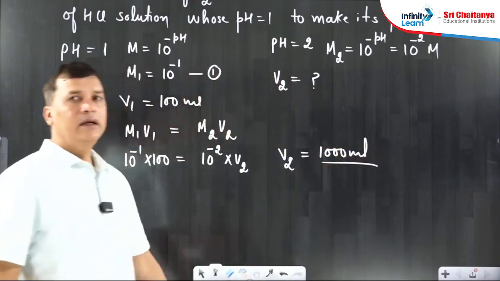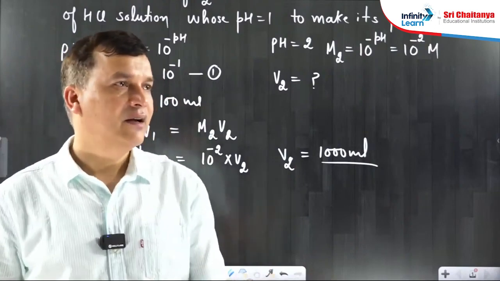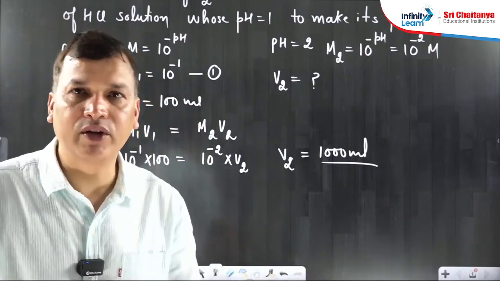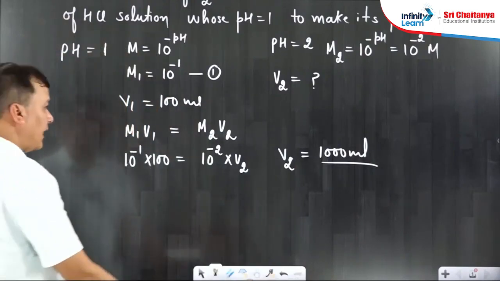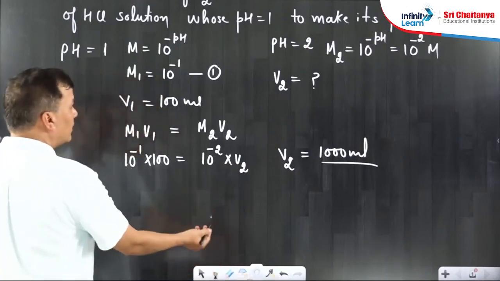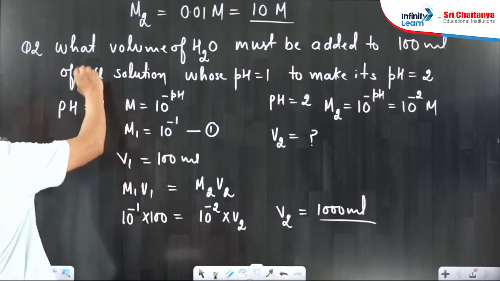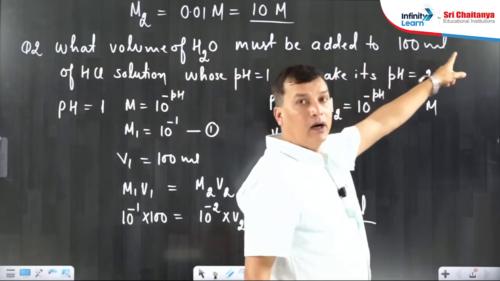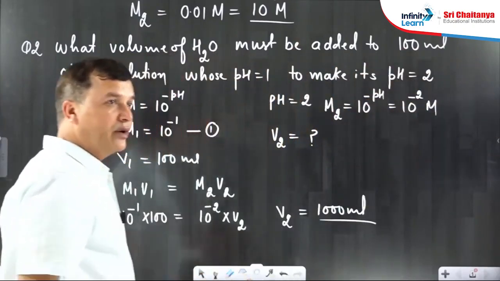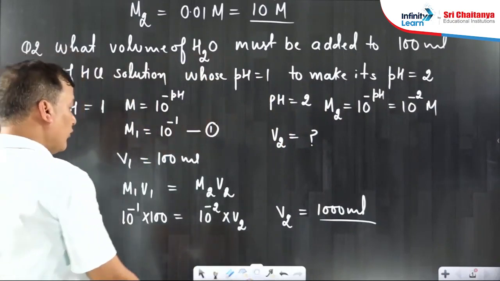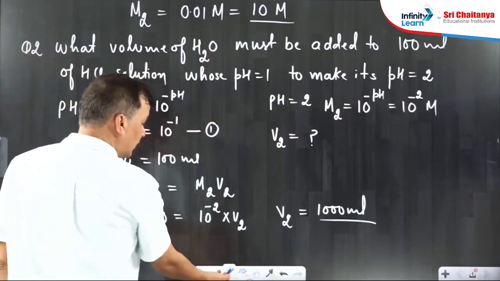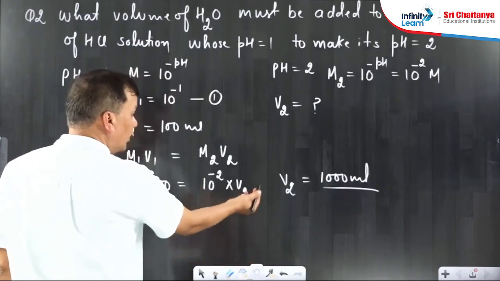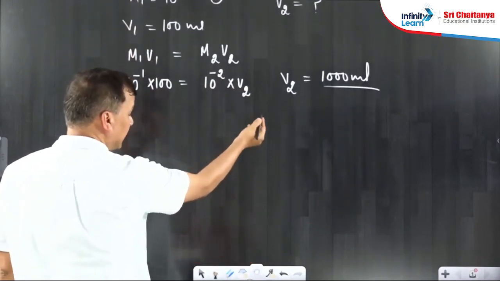Now is this the answer? No dear student. If you see the question, I am writing it here: what volume of water must be added to the 100 ml? Now we have V1 equal to 100 ml and V2 equal to 1000 ml.